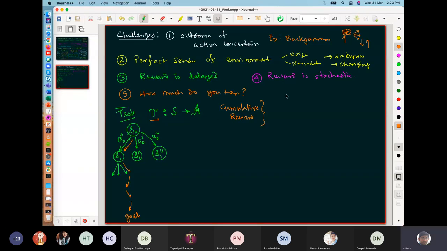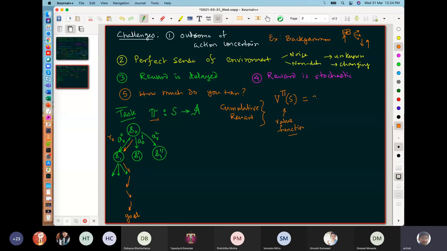Suppose I am at a state S, and I choose a policy pi. Sometimes we call this a value function. It is just a cumulative reward that I compute. The immediate reward that I get if I choose this action is, let's say, R0.